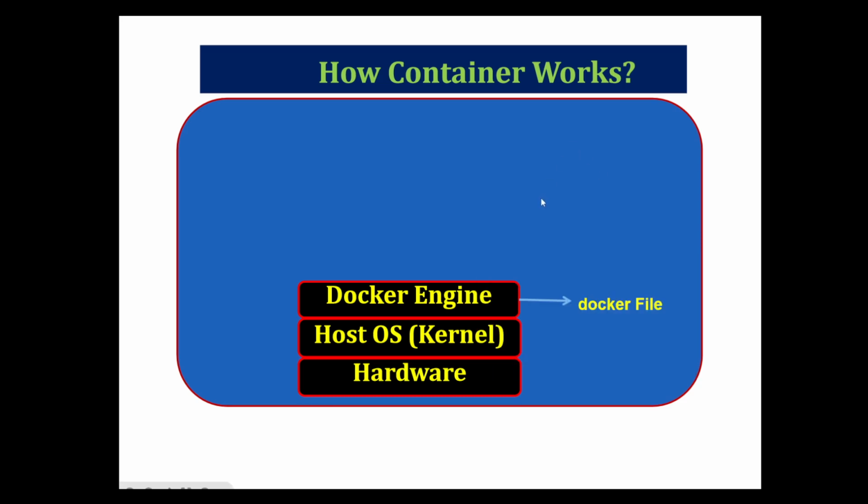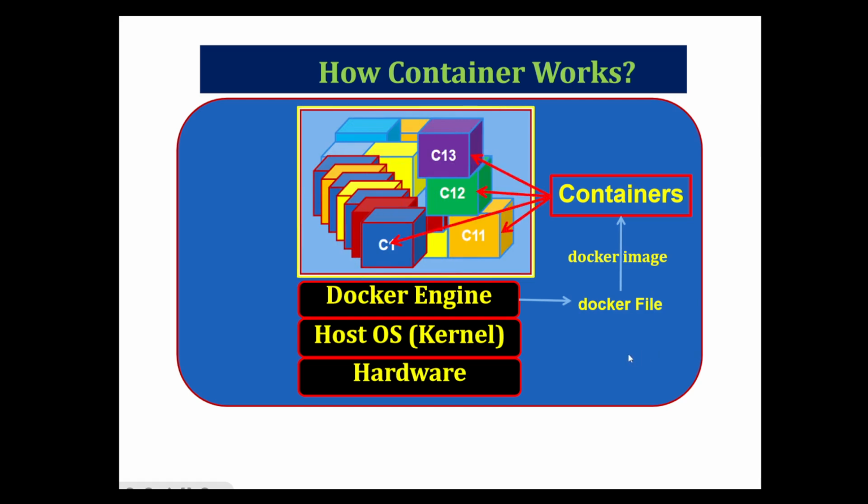Next, we can use the docker build command, which will create a Docker image, and we can run the Docker image using the docker run command. Once we run the image, it will launch a container for that image, and this way we can create multiple containers out of the Docker images.